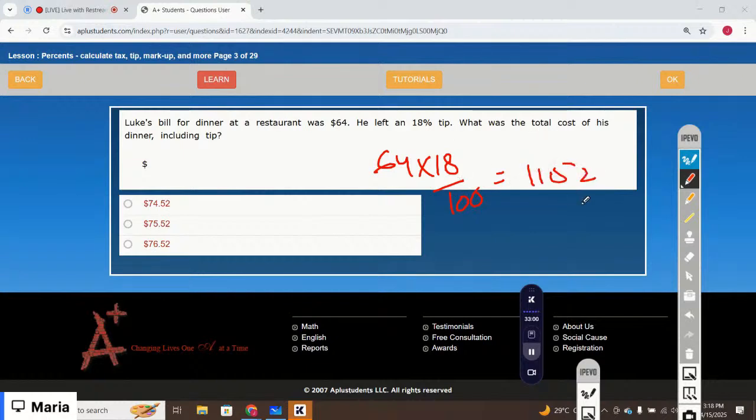So just add the tip to the cost. So the dinner bill is 64 and 11.52. So that is 75.52.